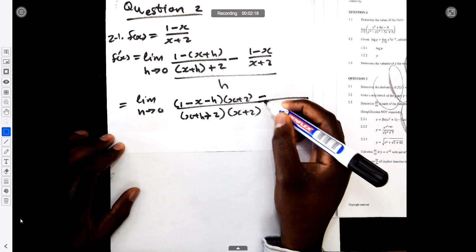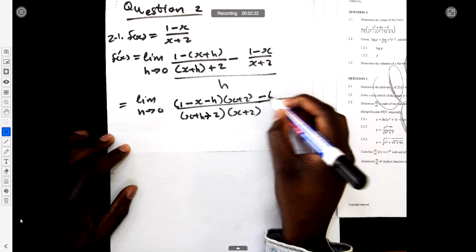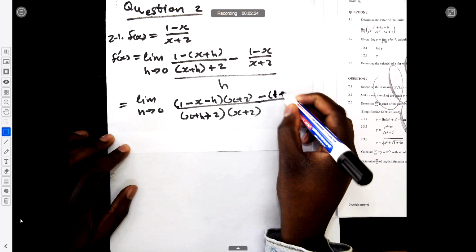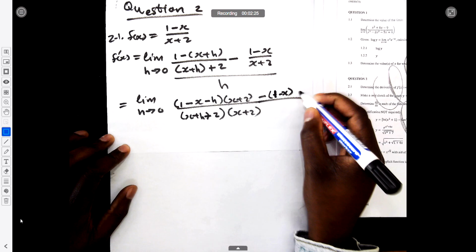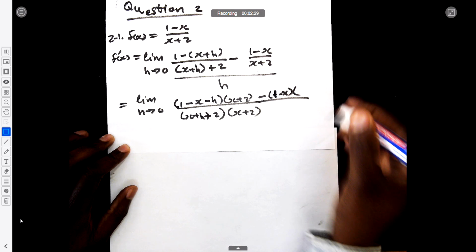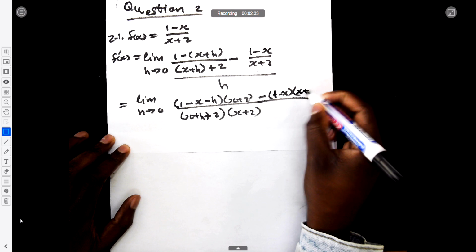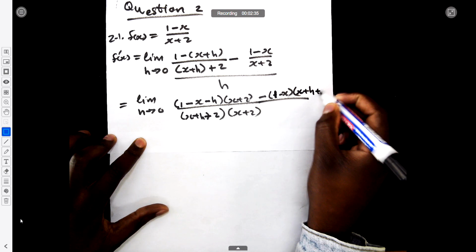Therefore, minus this numerator, I hope you see, it is in bracket 1 minus x, multiplied by the denominator there, which is going to be x plus h plus 2.